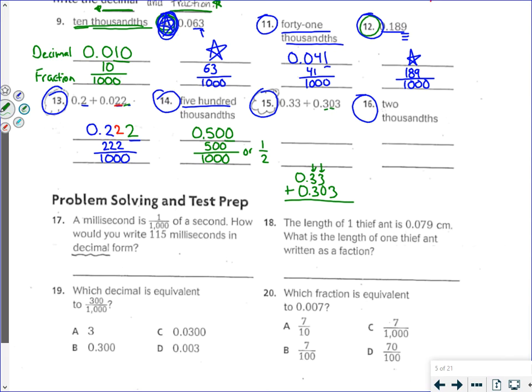Same as you would add any other number. 3 plus 0 is 3. 3 plus 3 is 6. 0 plus 0 is 0. So that's going to be our decimal.